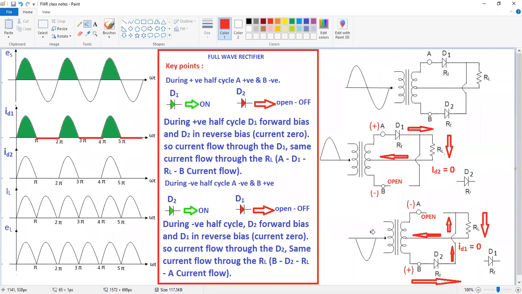During negative half cycle, when you are giving the negative half cycle here, D2 on, D1 off. This is the D2. D2 on, D1 off. So the waveform is like this.